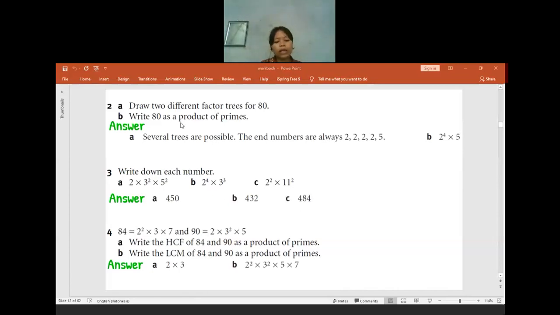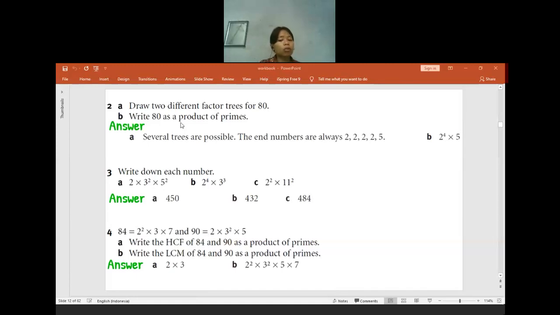For 84, you already have the product of primes. 84 is 2 to the power of 2 times 3 times 7, and then 90 is 2 times 3 to the power of 2 times 5. When we are going to find the HCF, we need to take the common numbers with the lowest power. The common numbers in 84 and 90 are 2 and 3. For the number 2, there are 2 to the power of 2 and 2 only.